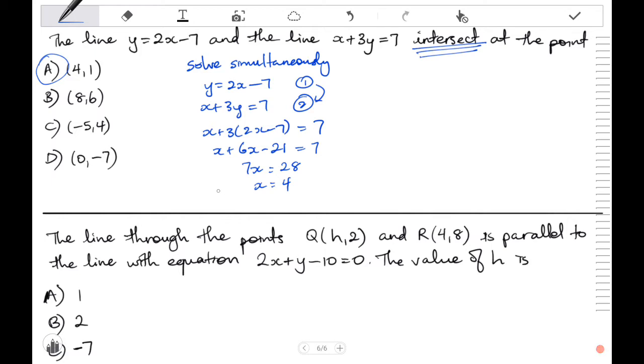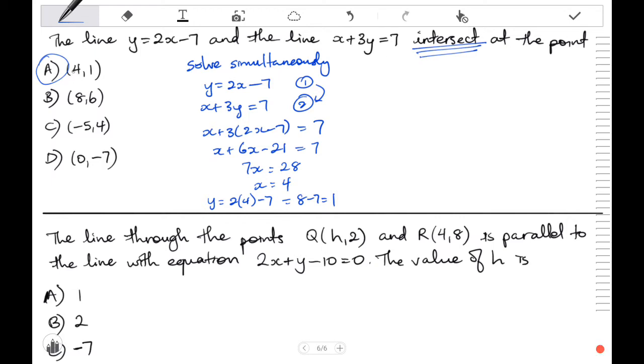But we could check it. y is equal to 2 times 4 minus 7. 8 minus 7 is 1. Now what you could have also done was take the values here and substitute them into the equations and see if they satisfy the equations.